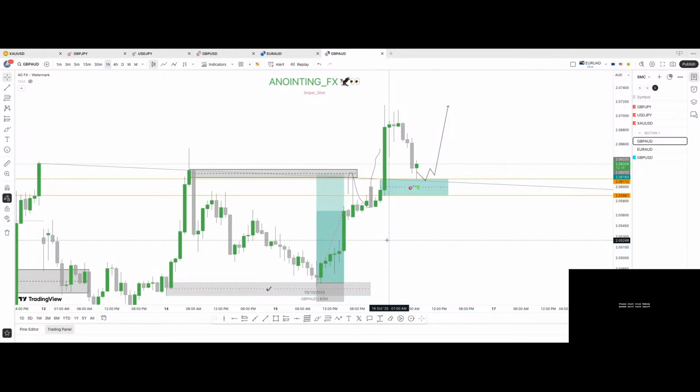And then I also have another trade on, let me check, GBP USD. Oh, okay, so I have GBP USD, and I'm just seeing that I have my take profit hit.